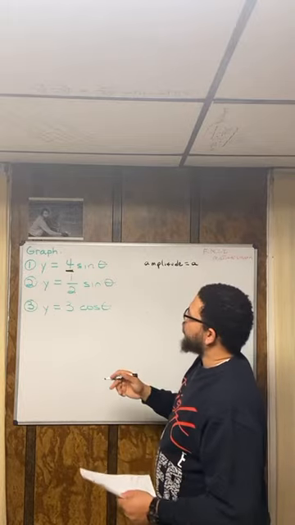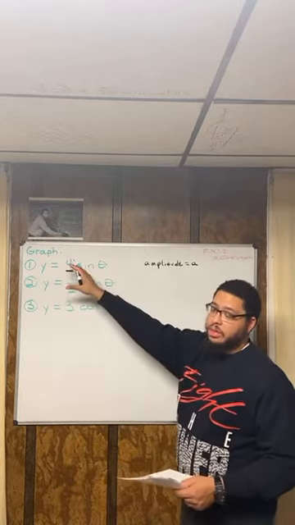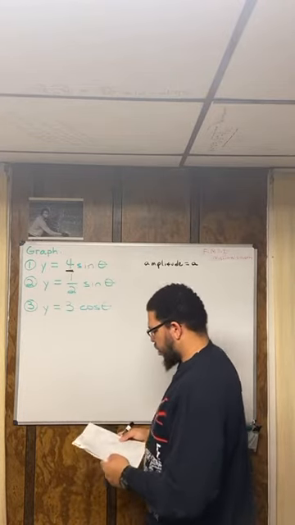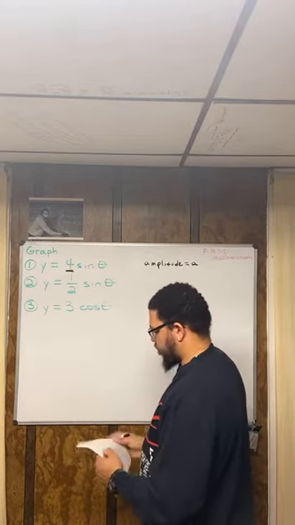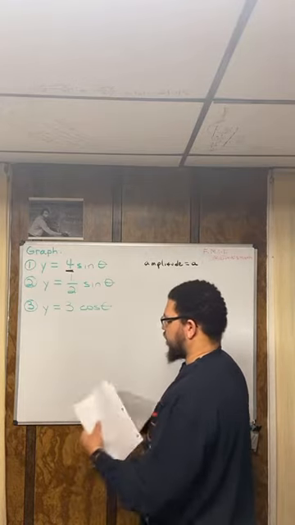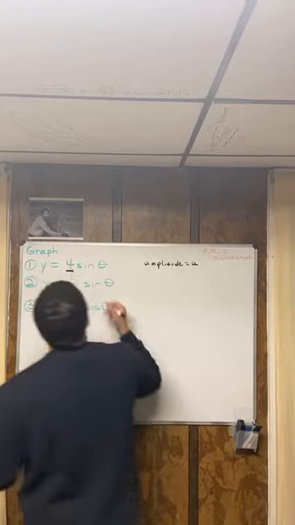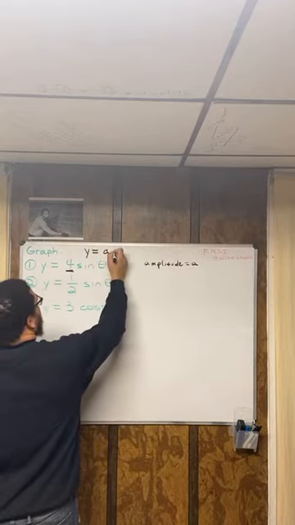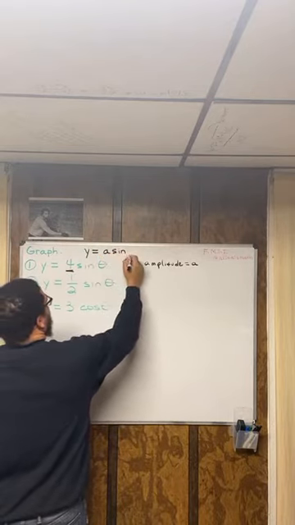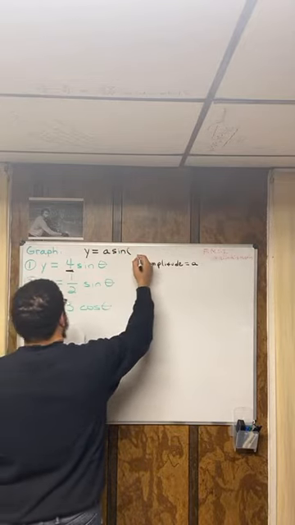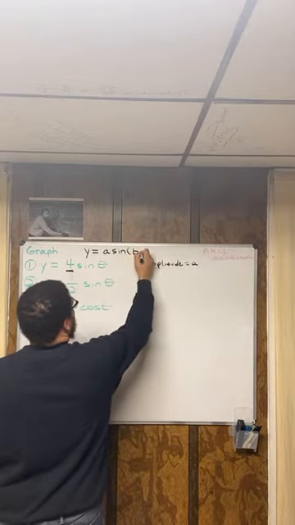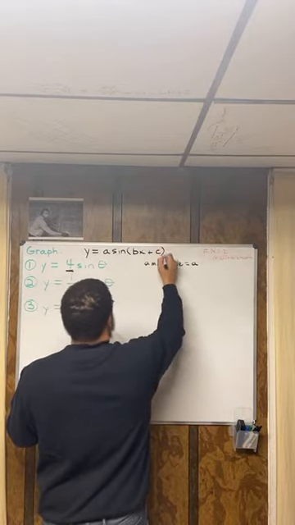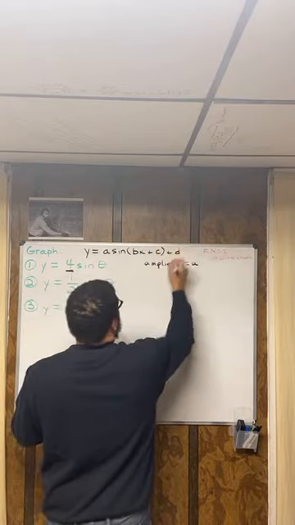But what I should do is give you the general form for the trig functions. Let me write that down for you: y equals a times the sine of bx plus c plus d.